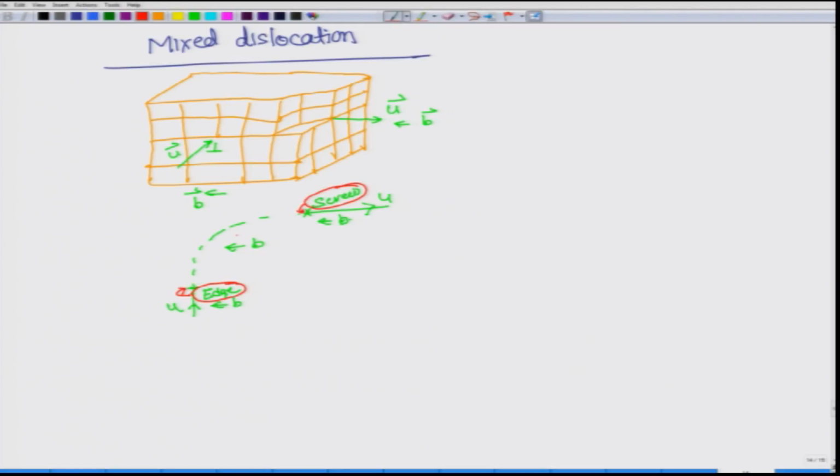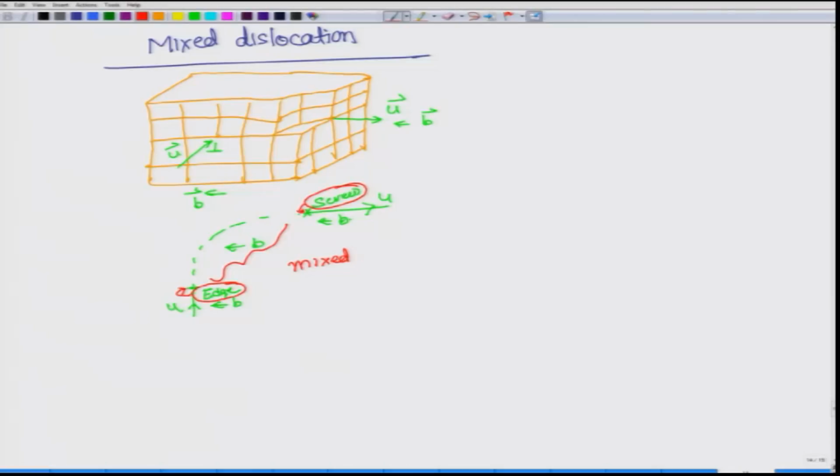It is a mixed dislocation, meaning it has partially edge character and partially screw character, and this is what we call mixed. The remaining portion is mixed. We will come back to this, but you will realize that pure edge and pure screw are actually present only at a single point or basically a few points, but the rest of it is mixed dislocation.